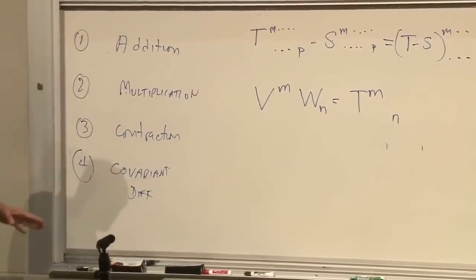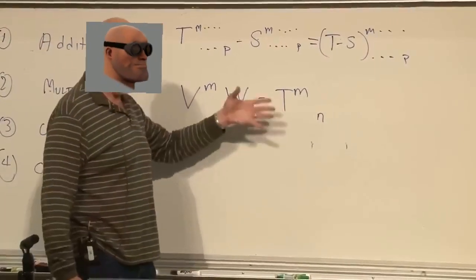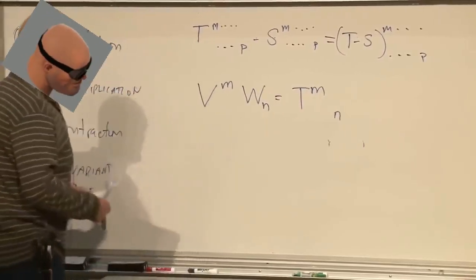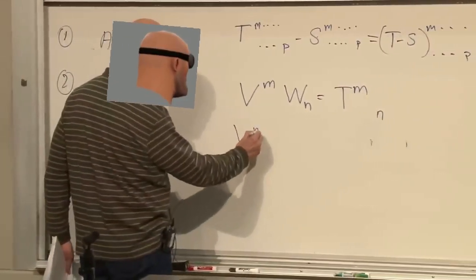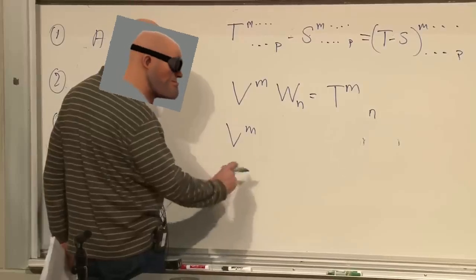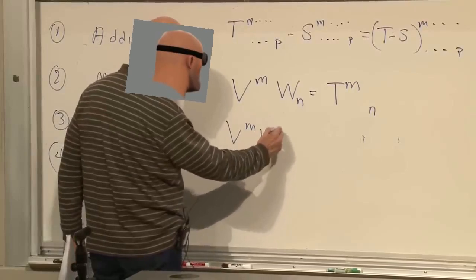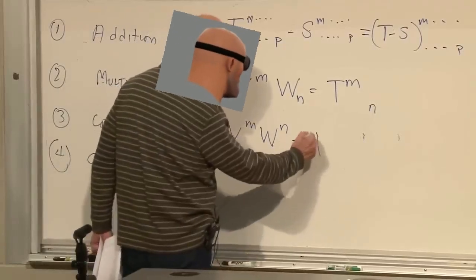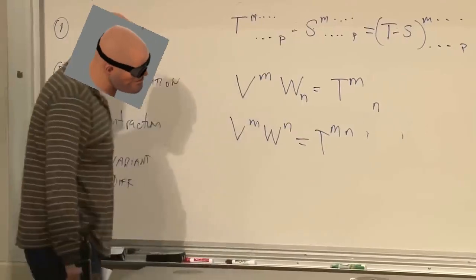It's a set of values, one value of this thing for each m and n, that define the components of a tensor with two indices. You could have done the same thing with some other vector, let's continue to call it w, but one with another upstairs index. And this would have been some other tensor with one upstairs and another upstairs index.